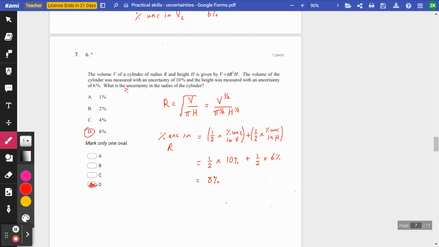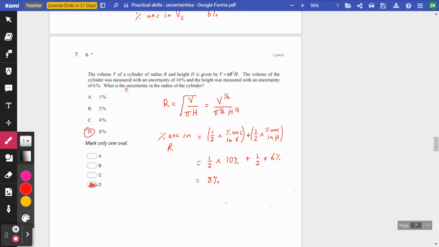Now, square root is a power of a half. So what I've done is I know the entire thing is multiplied by a power of half, so I've just added all those in. Now, we know that there's some division here, and there are some powers as well. So we're looking at percentage uncertainty. So the percentage uncertainty in R is the percentage uncertainty in the volume plus the percentage uncertainty in the height.